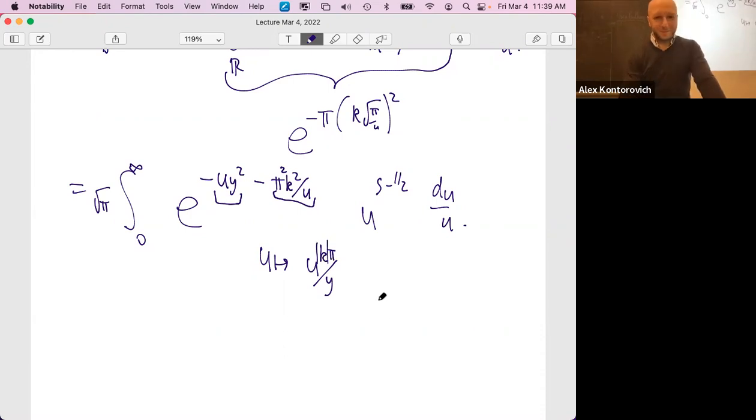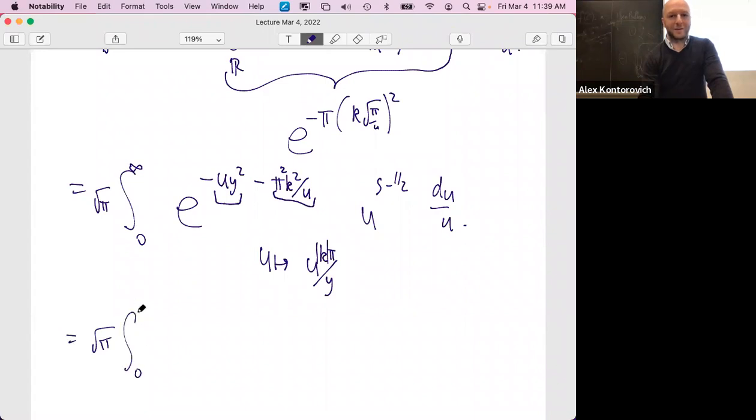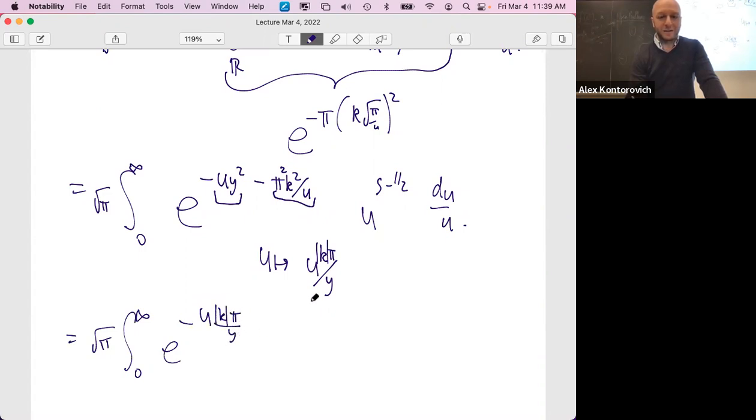Okay. So I get my root pi factor, integral from 0 to infinity, e to the minus, u is replaced by, so I have a u absolute value of k pi over y here.